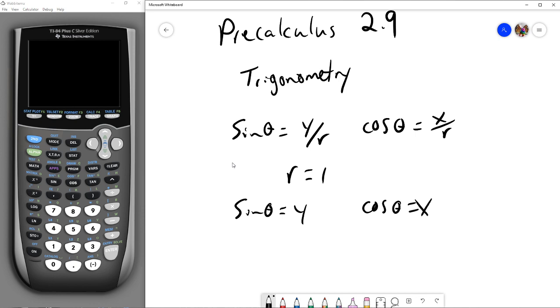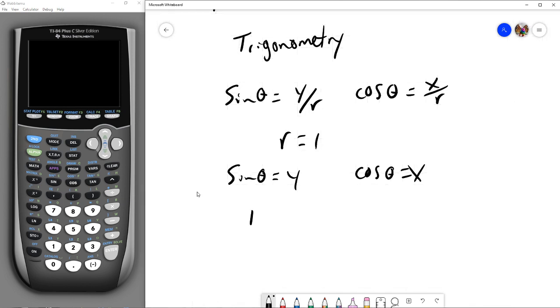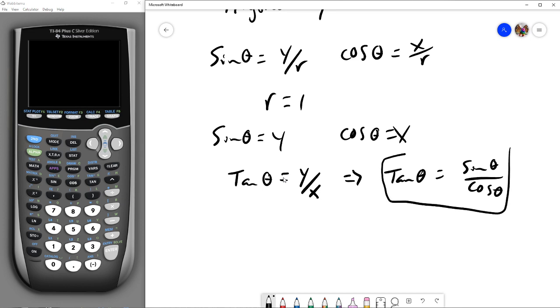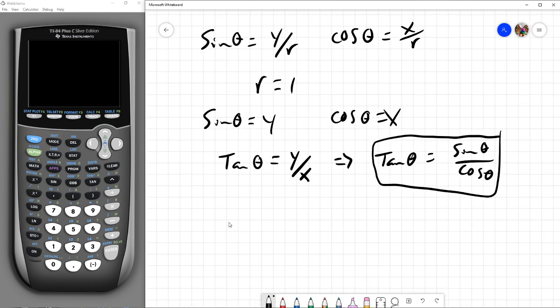Now, we defined tangent in a previous video to be tangent theta is equal to y over x. And if tangent is equal to y over x, then it immediately follows that tangent theta is going to equal sine theta over cosine theta. And right here we have a trig identity.